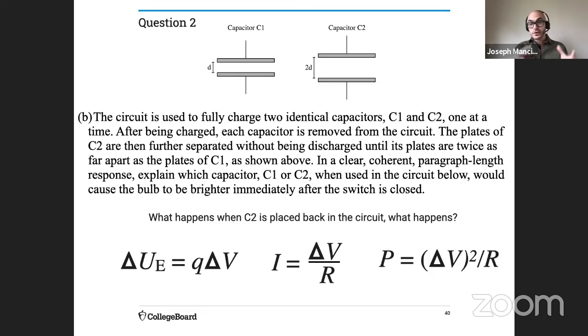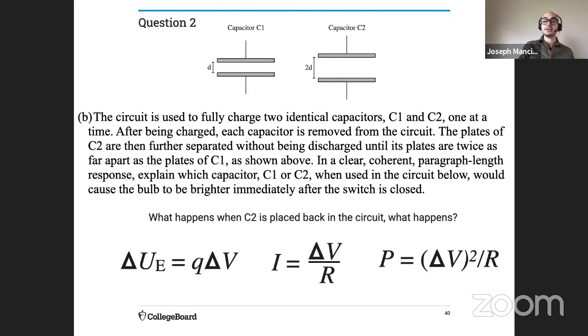So we're storing more potential, which is just potential energy per charge. We have the same amount of charge because the capacitor has been disconnected. So if the same amount of charge has more potential energy per charge, then every individual charge that runs through that light bulb is going to give that light bulb more energy and make it brighter.